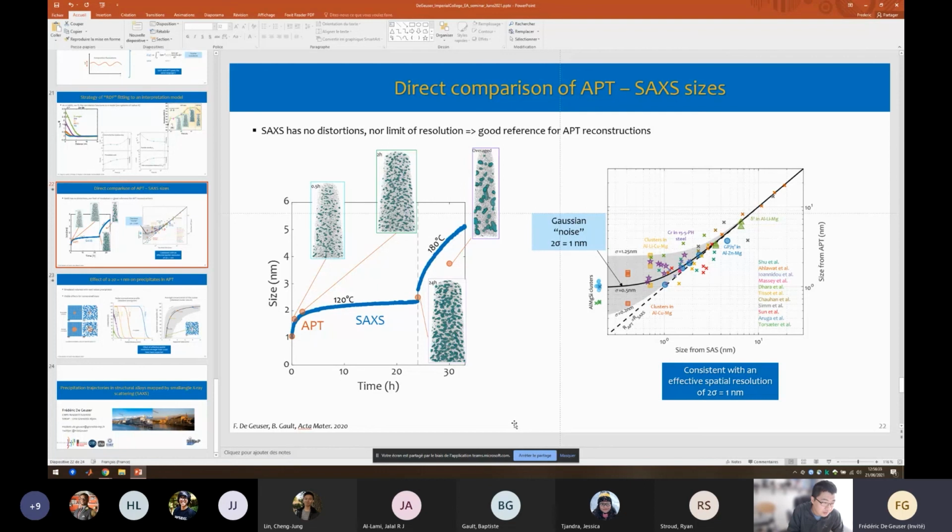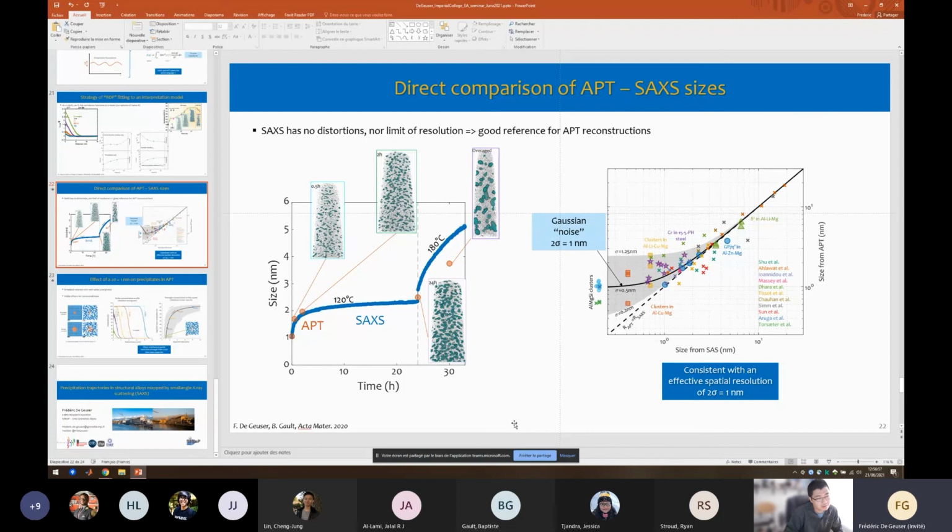This is not true everywhere, because at some positions on your sample you will have a very high spatial resolution, and you will maintain, of course, the local environment and the resolution of atomic planes, etc. But the thing is, these are very localized positions.